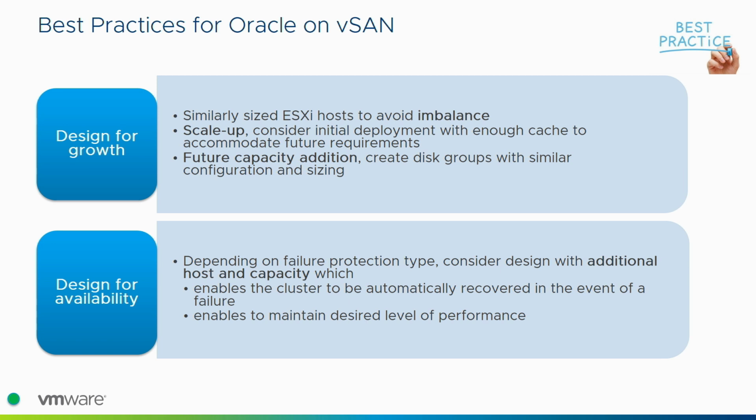For example, if you want to turn on deduplication, vSAN is going to resync all the objects. If we have enough slack space, vSAN is going to do it faster and more efficiently. So keep in mind, design for growth and design for availability. Basically 2 points: keep it identical, and secondly, give more slack space.